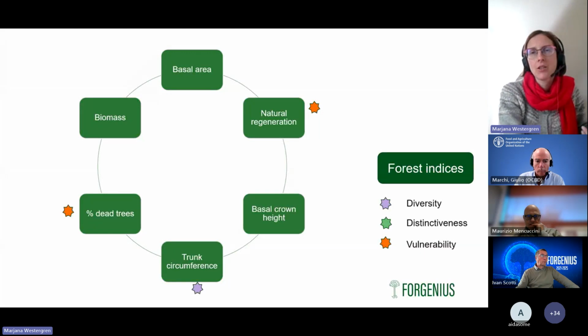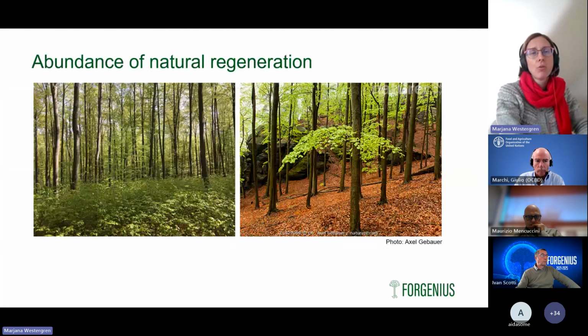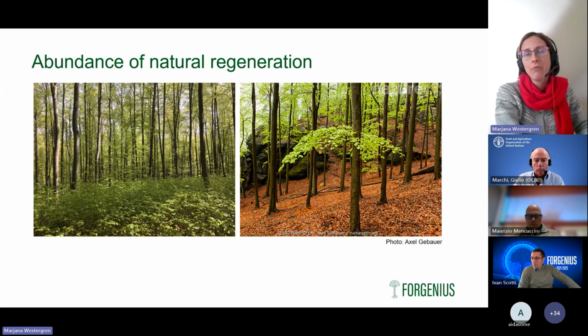So if we describe, for example, why did we take abundance of natural regeneration as one of the indicators? Well, when we have a gene conservation unit at a certain age, and we expect the generation turnover, we have to have natural regeneration, right?